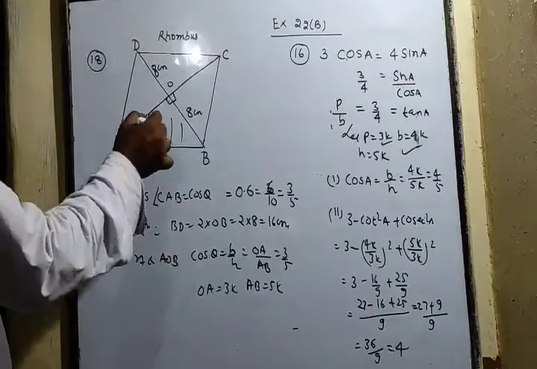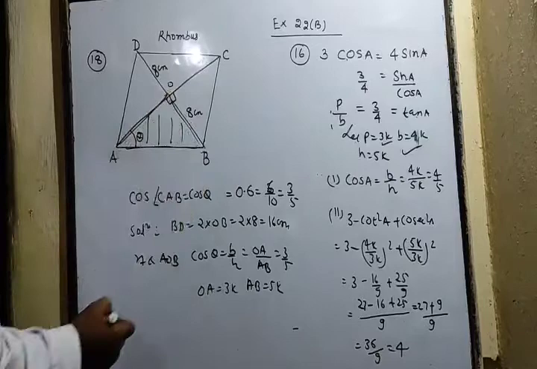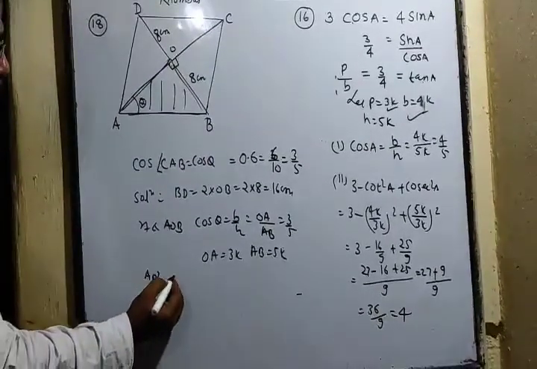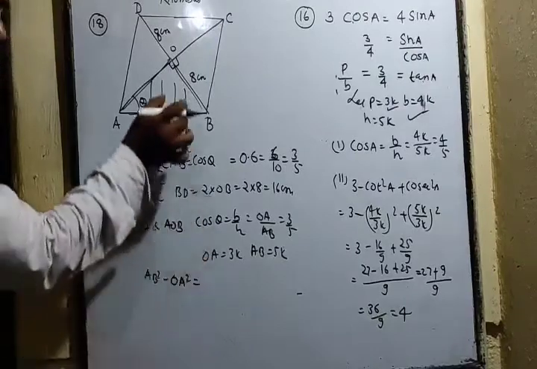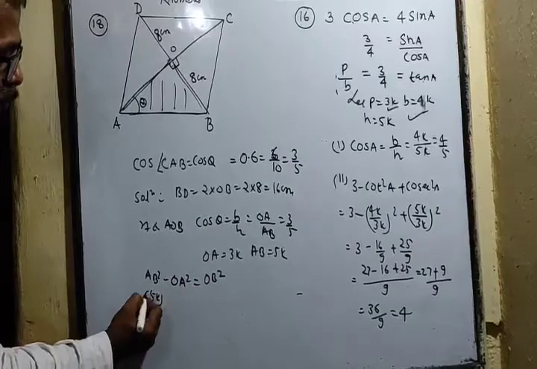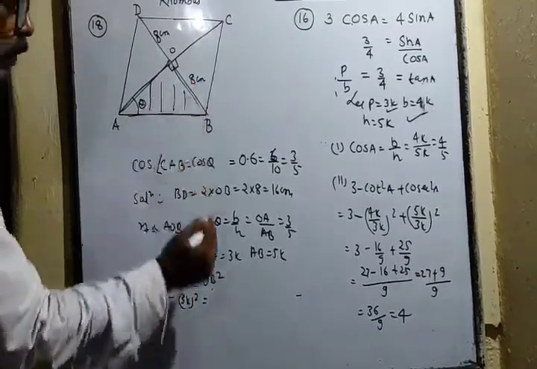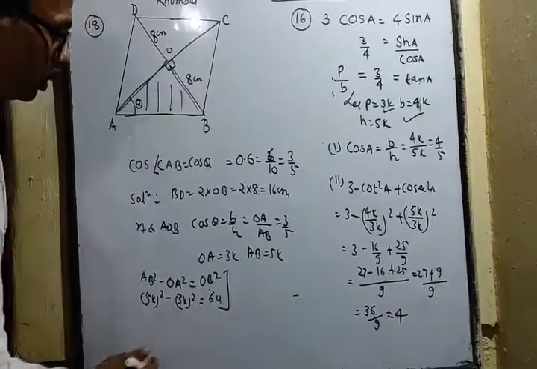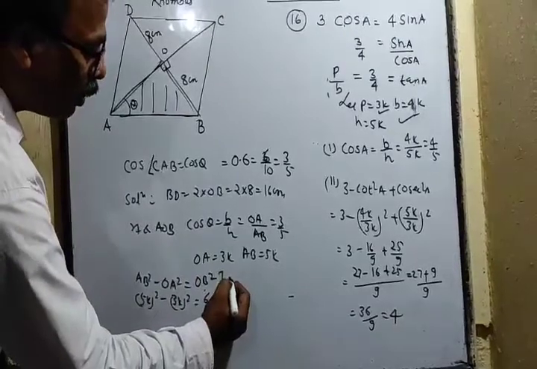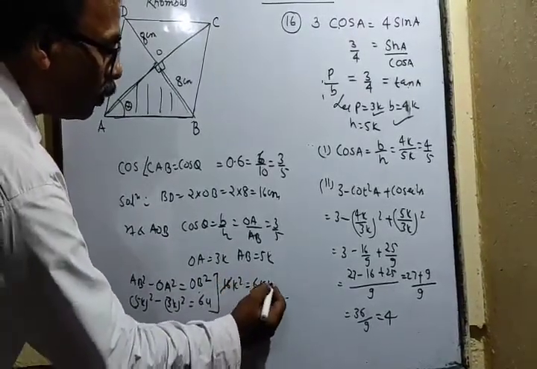And as you know, in a right angle triangle, the relation between AB, OA and OB is that if AB square minus OA square is done, then we get OB square, Pythagoras formula. So 5K square minus 3K square is giving you OB square, and OB length is given 8, so 64. When you solve it, it will come out as 16K square. 16K square is equal to 64. 4 times it will cancel.